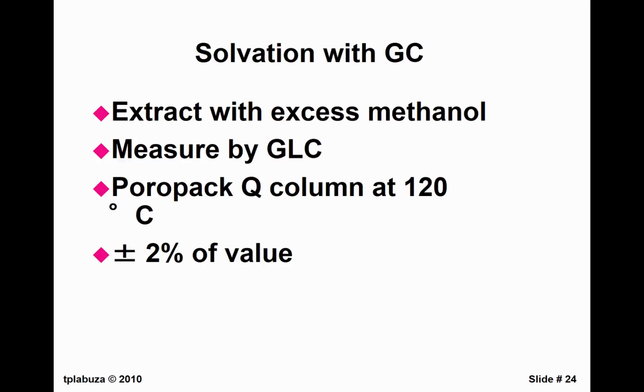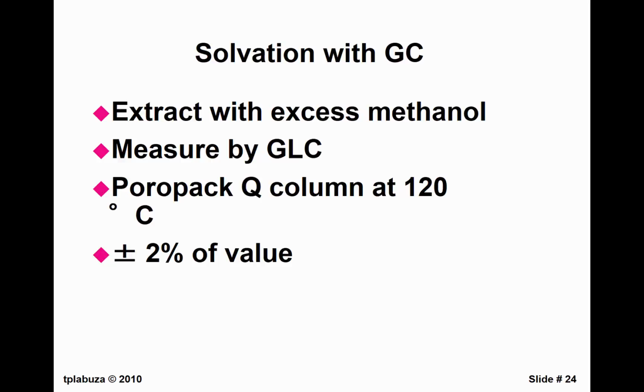Another thing you could do is you could mix your ground up food with methanol, and then filter it so you don't have particles, and then take the solution sample and inject it into a GC. And there are 3 or 4 companies, PorapakQ is one of them. They make a column that will have a peak for water. And so you can do it today with automated GCs. So that's a very simple method.